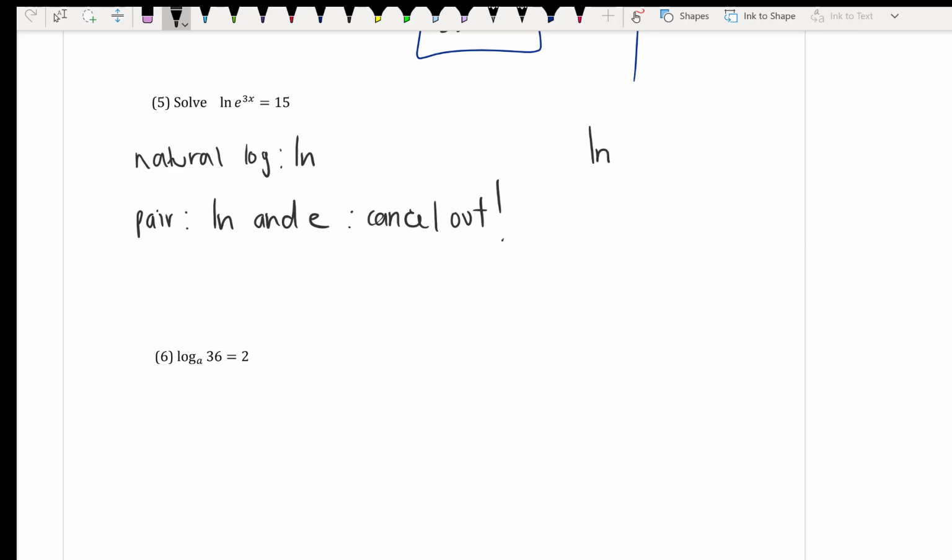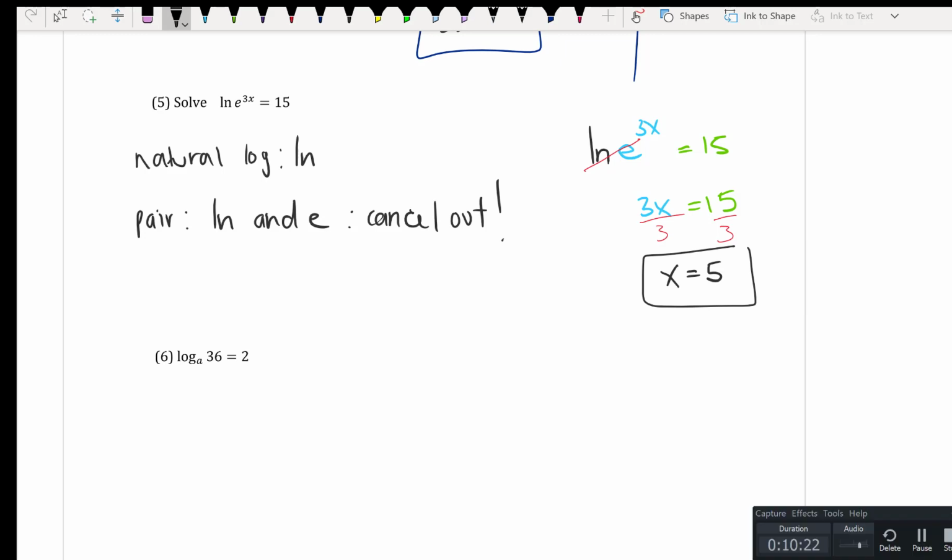So here, if I have natural log of e to the 3x is equal to 15, like I said, natural log and e cancel out. So then I'm going to be left with 3x equal to 15. If I divide both sides by 3, I get that x is equal to a positive 5. And so that ends up becoming my final answer.